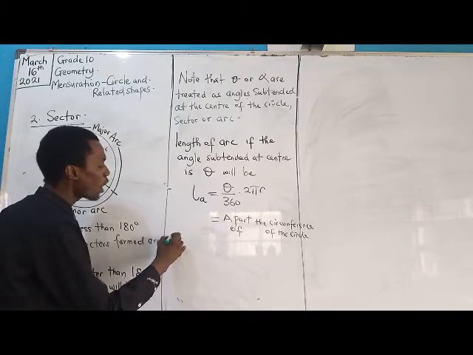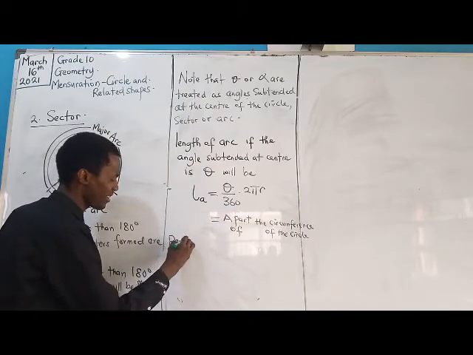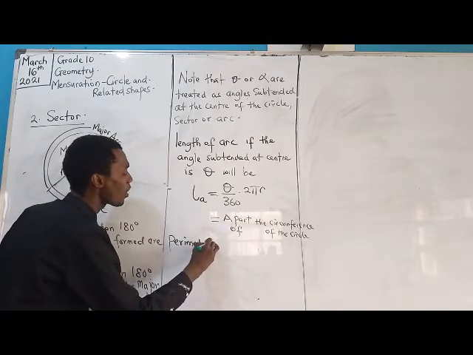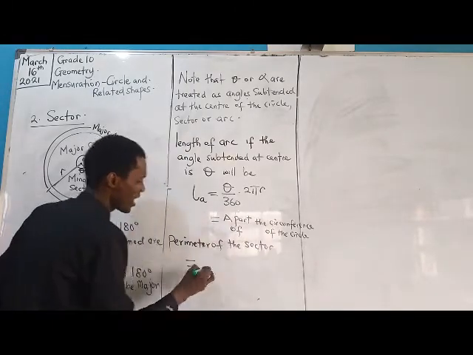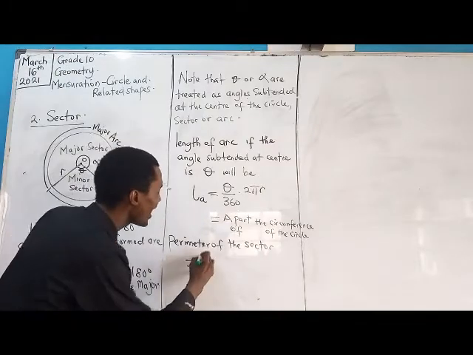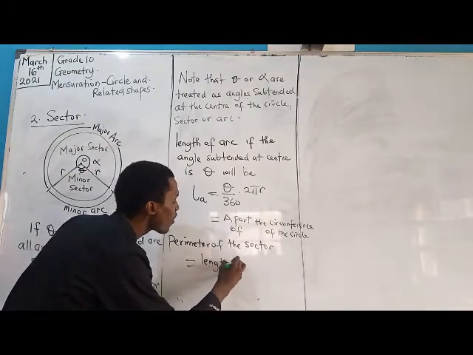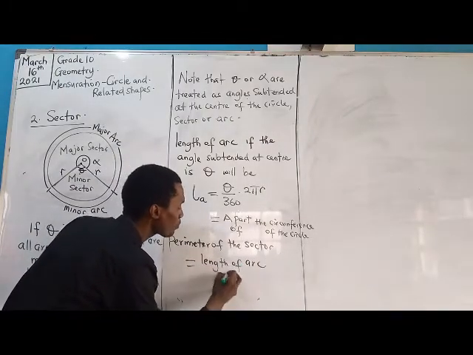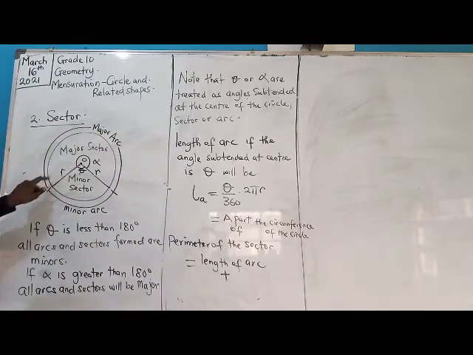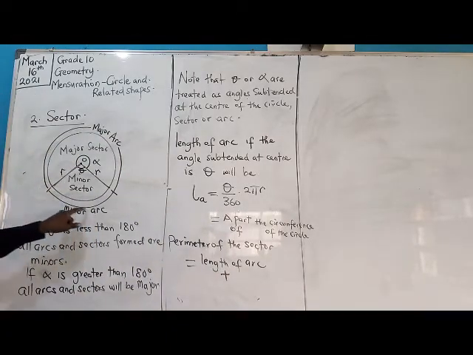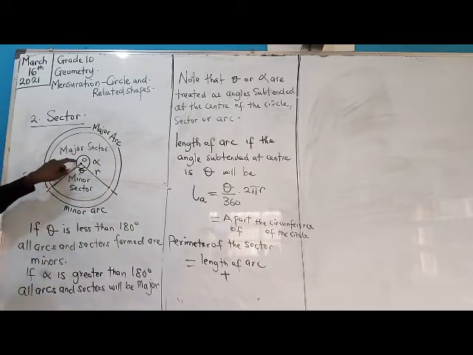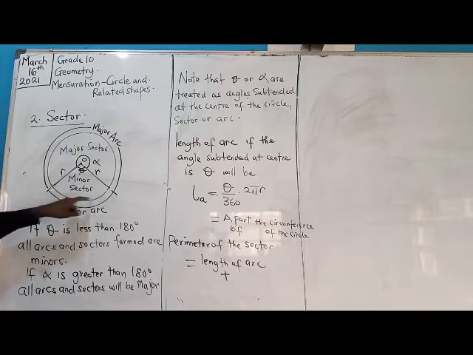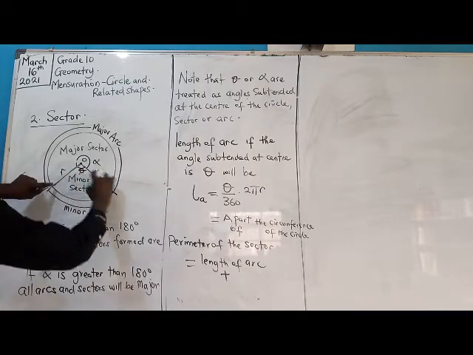Now, what will happen to the perimeter of the sector? The perimeter of the sector will be length of arc plus... look at this sector. It has a length of arc and it also has 2 radii, this one plus this one. It is this arrangement that makes up this shape.